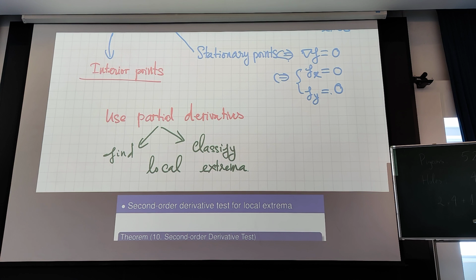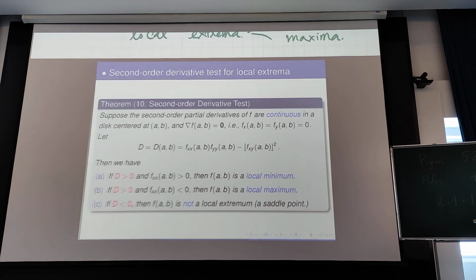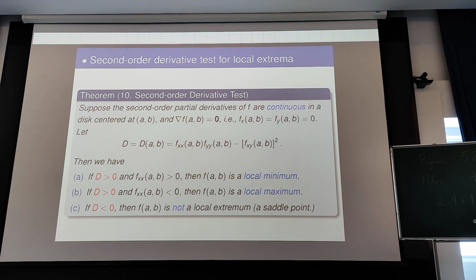We have two types of local extrema, that is the minimum and the maximum. When we consider the value of the function only in a small region around a given point, then we have the so-called local extremum. And now we are going to find it using the second order derivative test for local extrema.